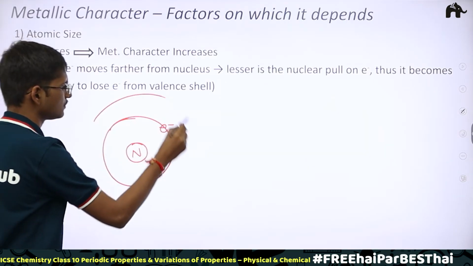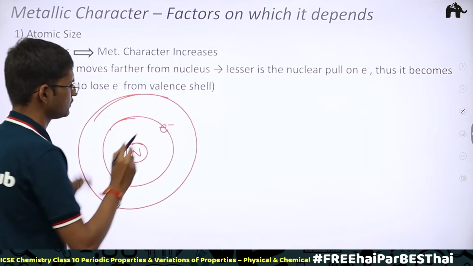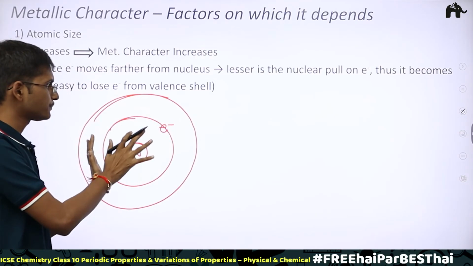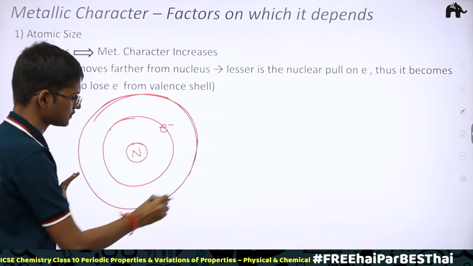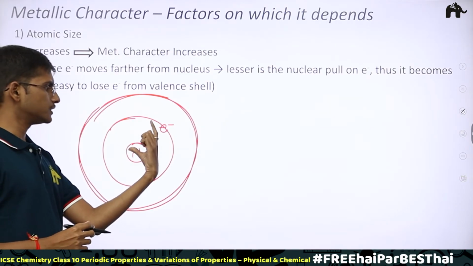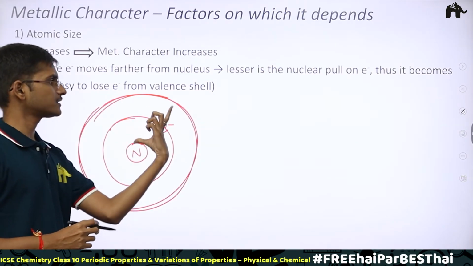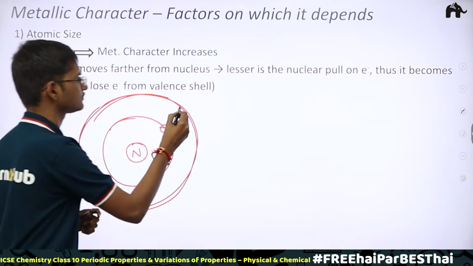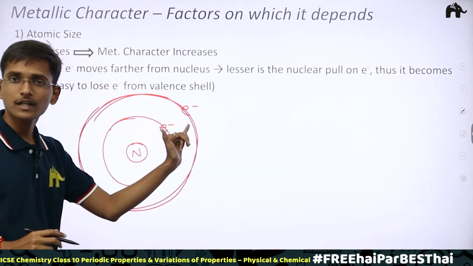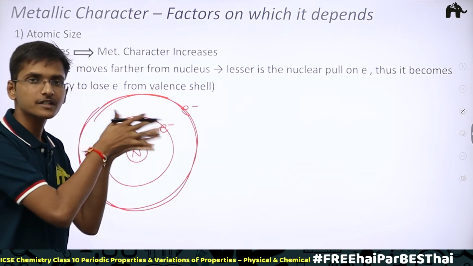Suppose I have another atom which has this much size. Now you can clearly make out that the size of this atom is less and this atom is more. This is the outermost shell of the second atom, and this is the electron present in the outermost shell.